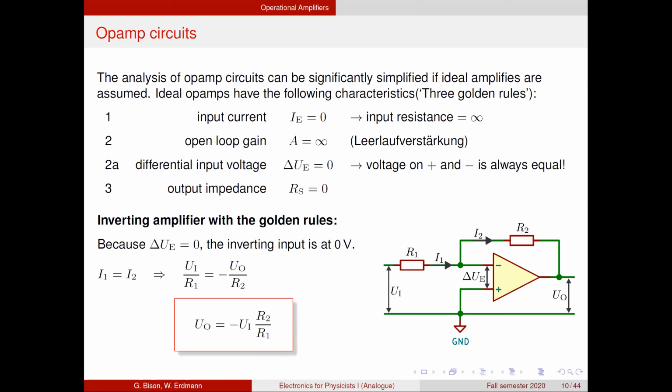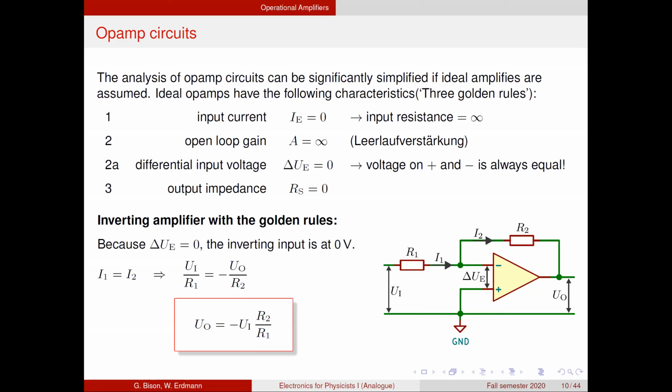For some applications, it's more important to have a large amplification, for some a low input current, and for some a large output current. For that reason, there are many, many op-amps. What we want to do in this lecture is treat op-amps as ideal amplifiers, and if you use them in a real circuit that is not too exotic, they will behave like an almost ideal amplifier.